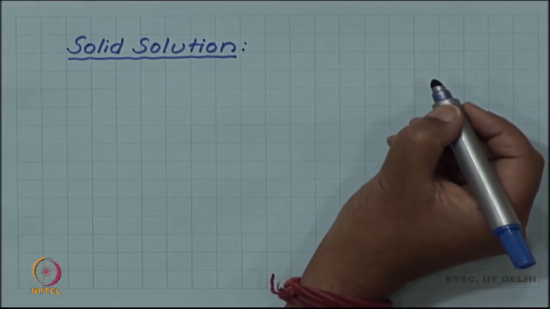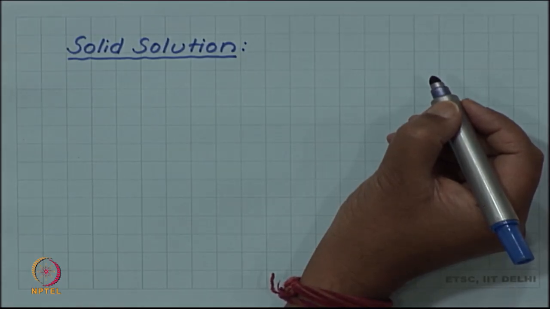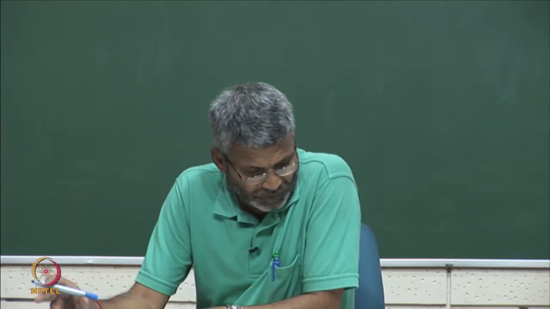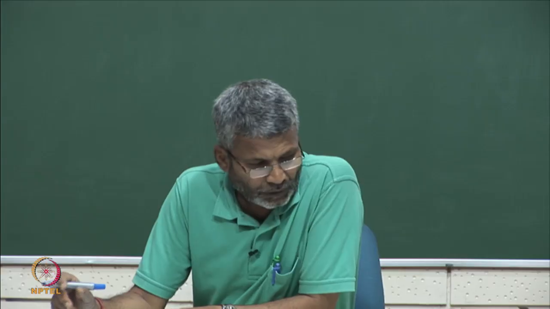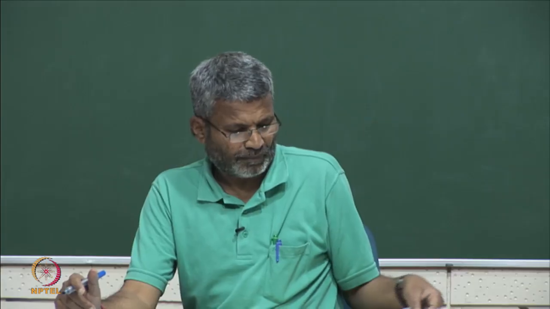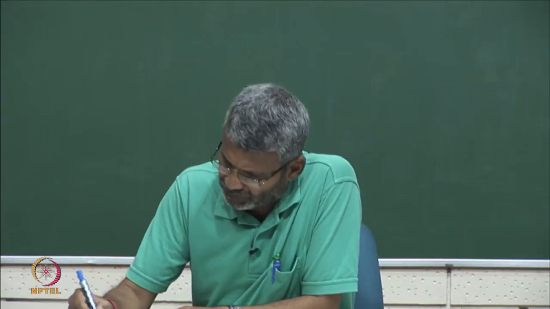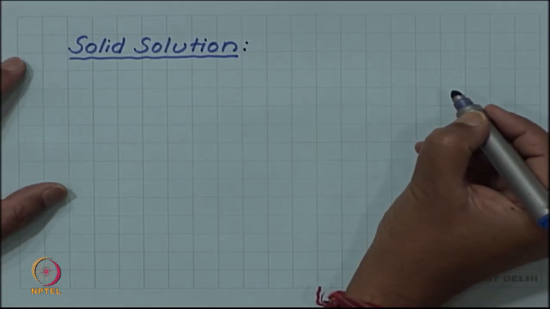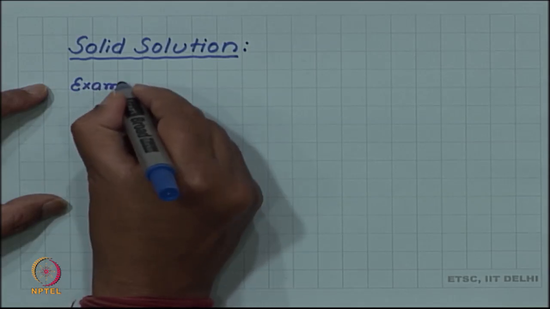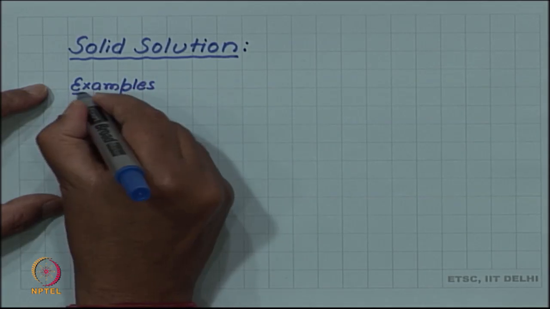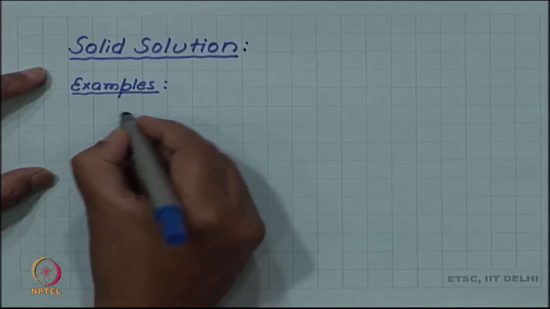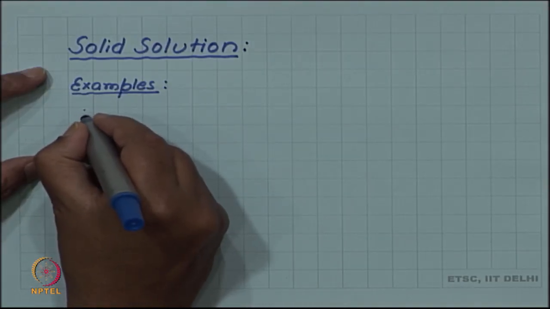We have already said that solid solution can be of variable composition and has a crystal structure which is that of one of the components. Two kinds of solid solution have been identified. Before we discuss that classification, let us discuss some examples. In steels, we have an important solid solution called austenite.